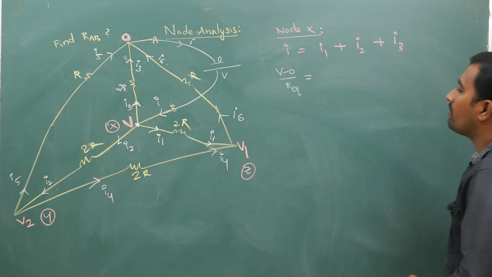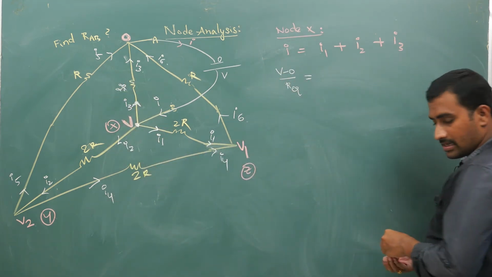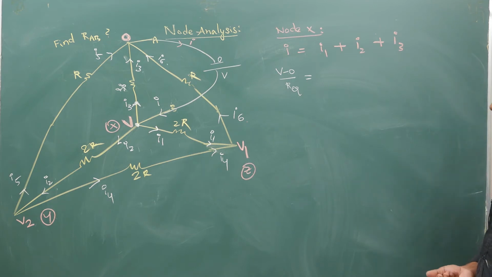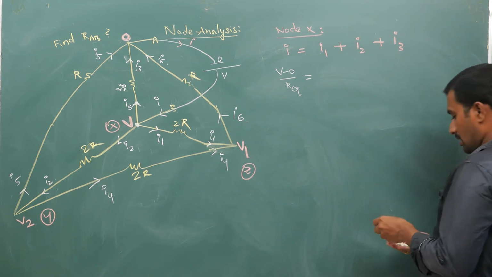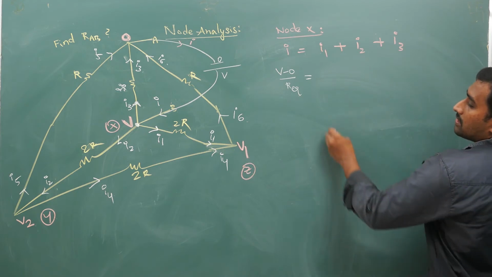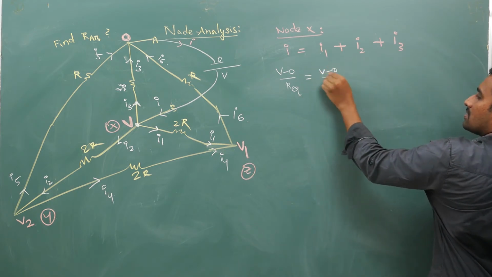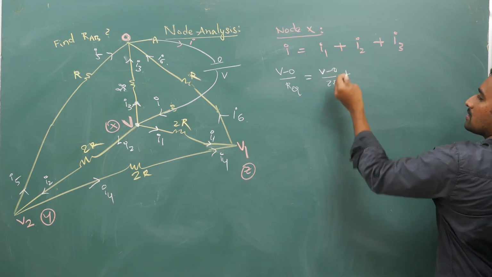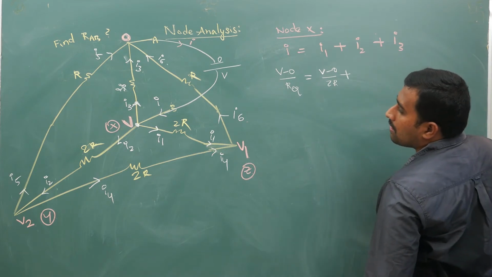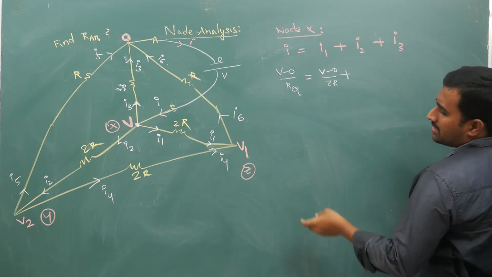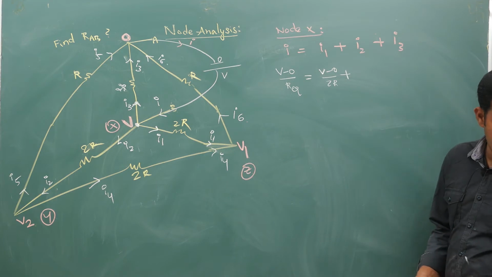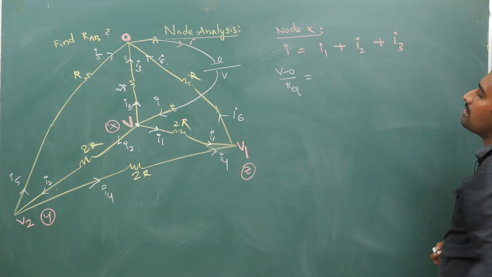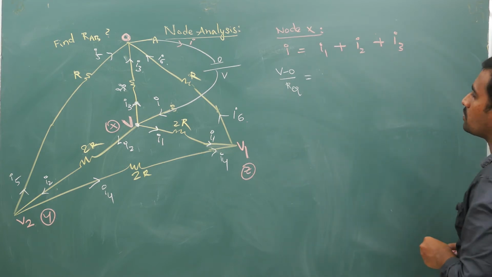So V minus 0 by R equivalent is equal to, your I1 value, sorry, I should write under particular term, that value only is what I am supposed to write.